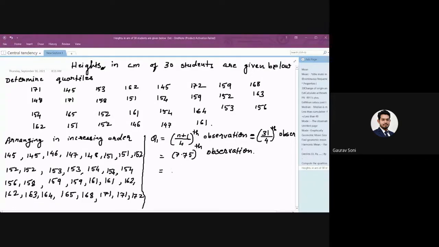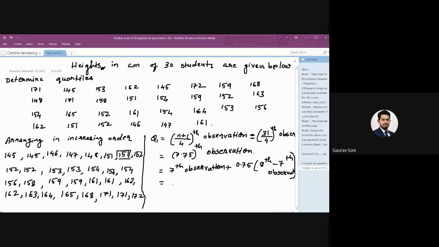So this means the 7th observation plus 0.75 times (8th observation minus 7th observation). This is how you calculate when you have a decimal. So what is the 7th observation here? 1, 2, 3, 4, 5, 6, 7th.